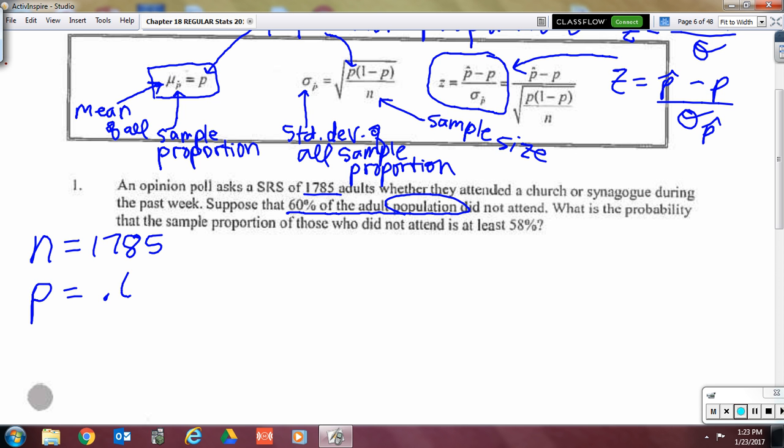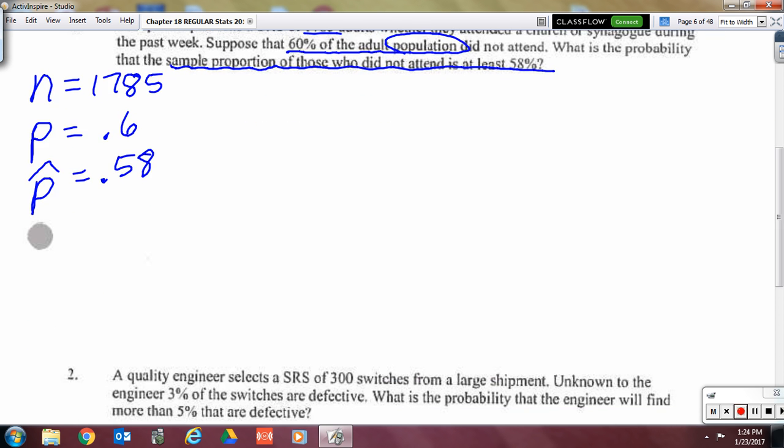Okay? All right. Now, what is the probability that the sample proportion, that's p hat, who did not attend is at least 58%? So that means the p hat I'm going to be referencing is the 0.58. Okay. So that's what you write down first. That's the information you're given.